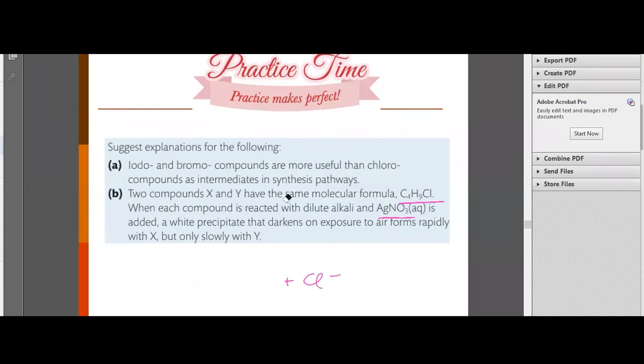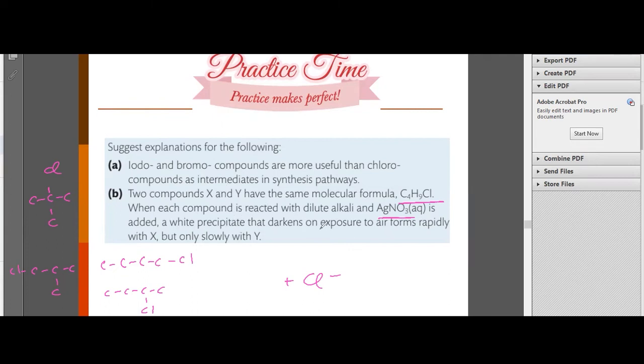And let's see about the types of halogenoalkane. C4H9Cl, there are four carbons. It can be primary like this. It can be like this, can be like this, or it can be like this, right? Okay, from these four, which is compound X and which is compound Y?